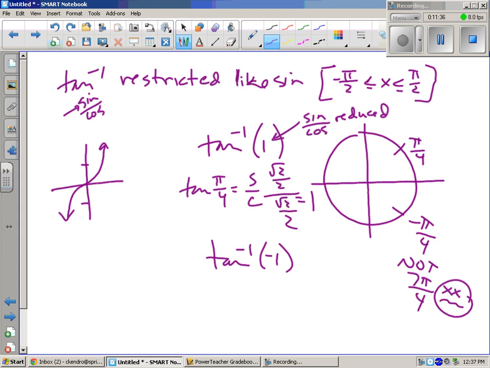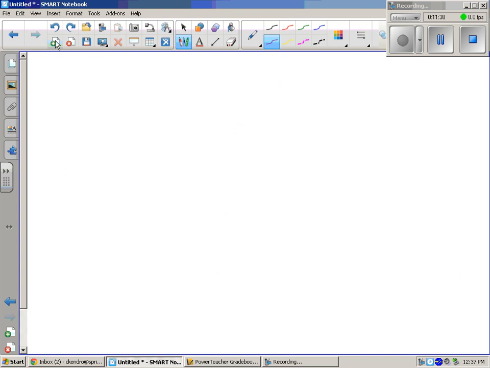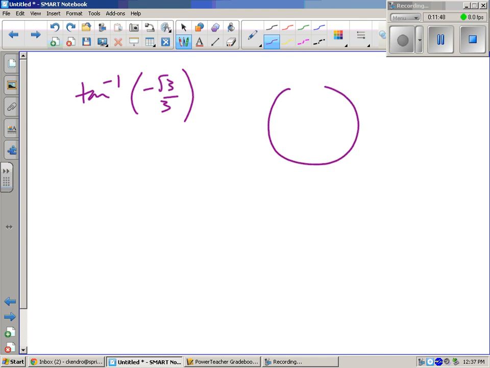All right, let me try one more tangent one, and then we'll talk about just using your calculator. So let's say I have the inverse tangent of negative root 3 over 3. All right, remember it's a combination of sine over cosine. And if it's negative, we're restricted to the right half of the circle. So negative means I'm in this quadrant somewhere.